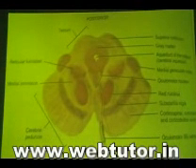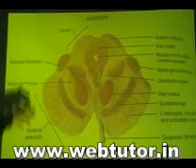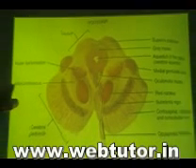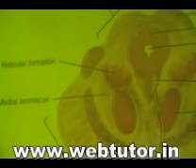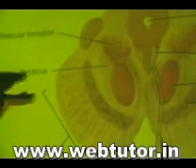So if you have this view, I just want you to see this medial lemniscus which is present. This is the transverse plane through the brainstem.